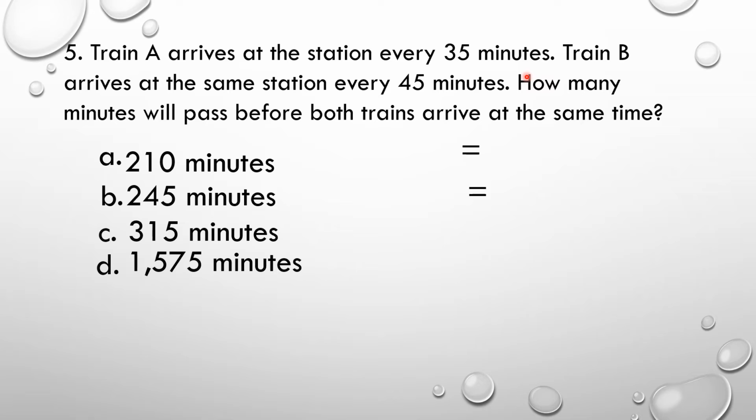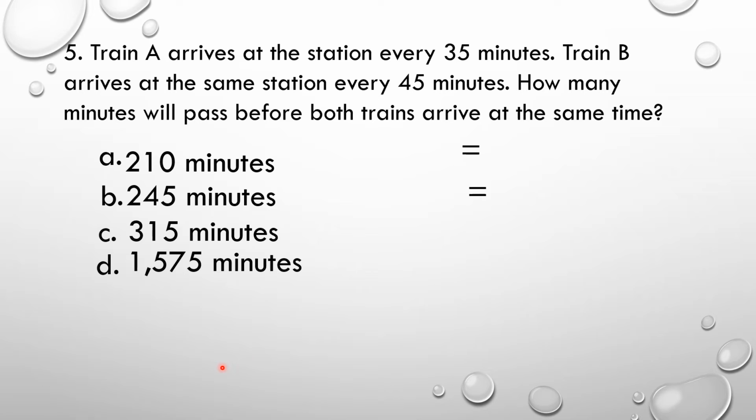So plus 35 again. Same thing with this 45 minutes. So we are just going to add 45 minutes. So every 45 minutes, the train B will arrive. And how many minutes will pass before both trains arrive at the same time? Which means we are looking for the least number of minutes that these trains arrive at that station at the same time.